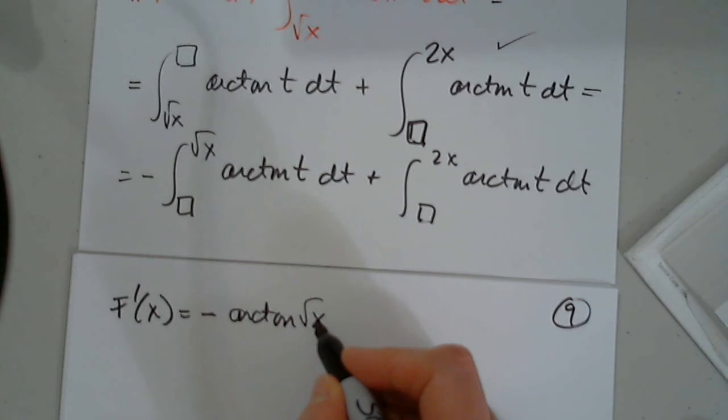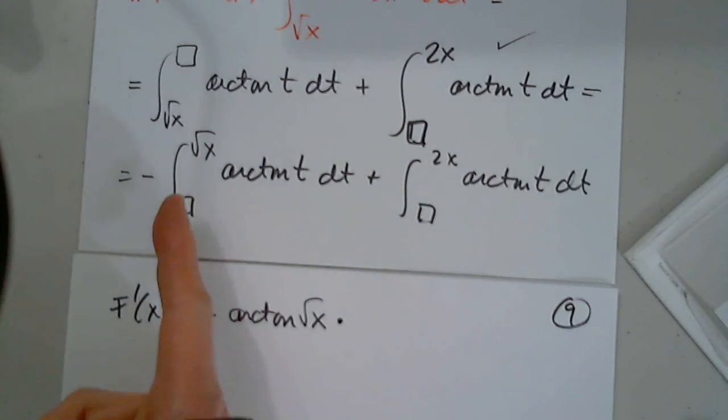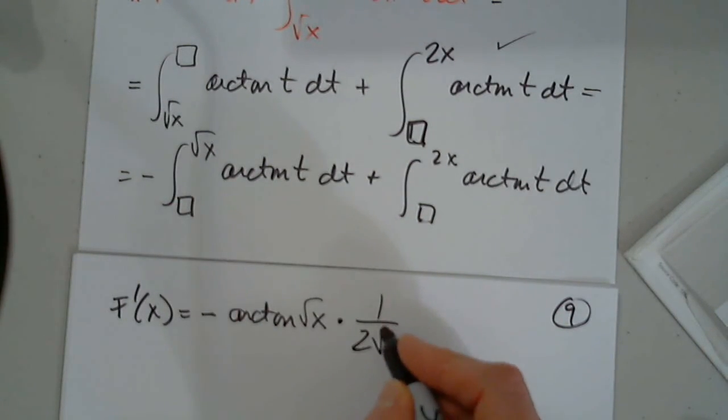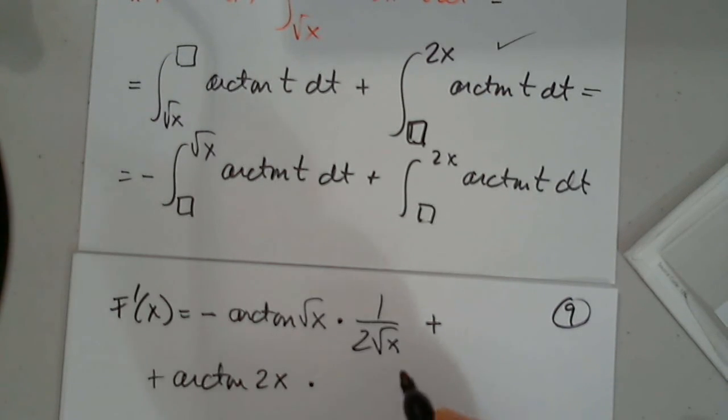Square root of x: 1 over 2 square root of x. Very good. And plus arctangent 2x multiplied by 2. That's it.